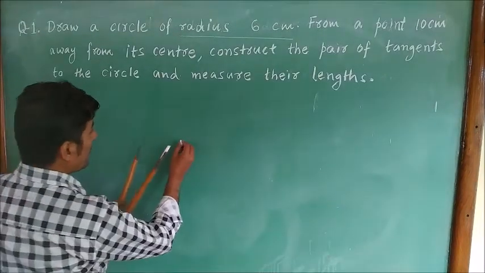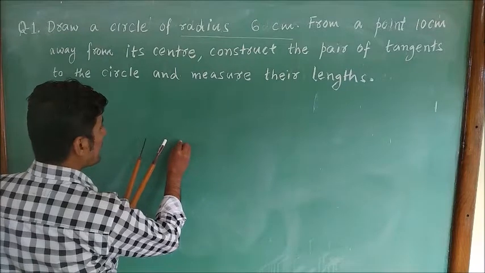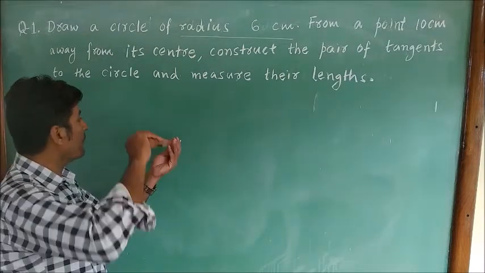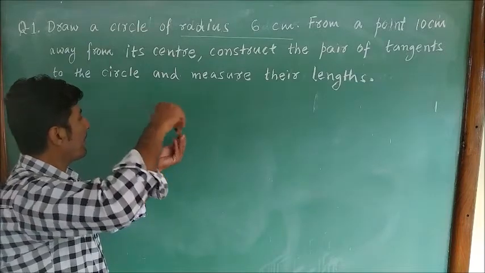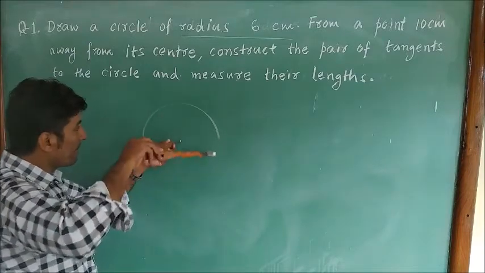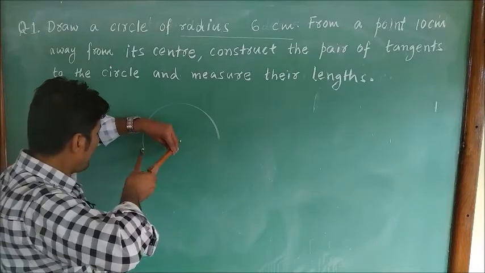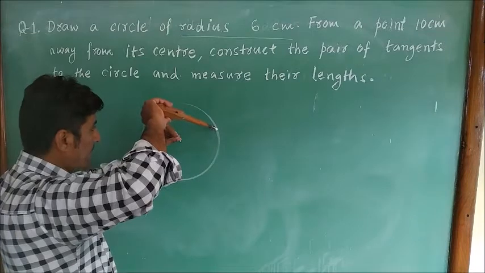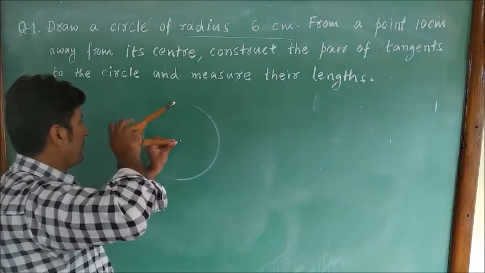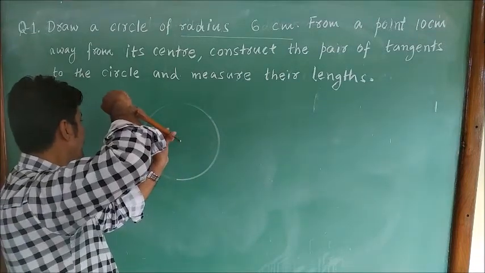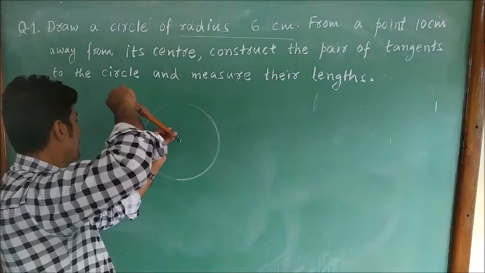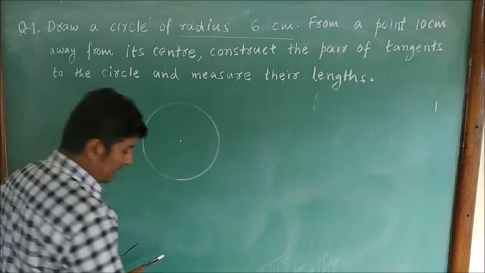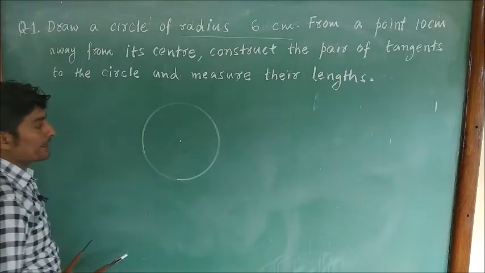Suppose I have taken the center at this point, and from this point I am drawing one circle. So this circle has a radius of 6 cm.